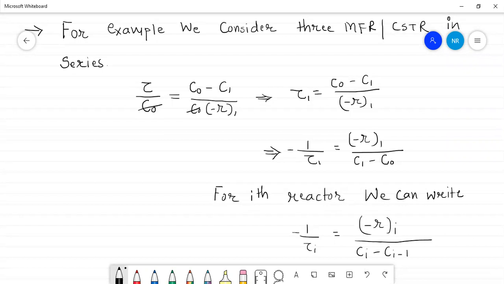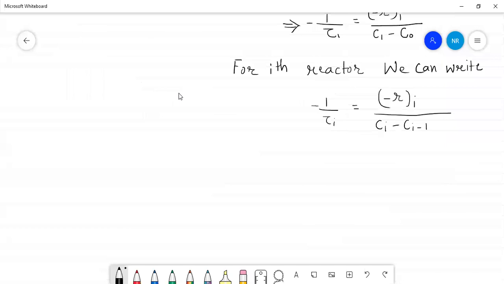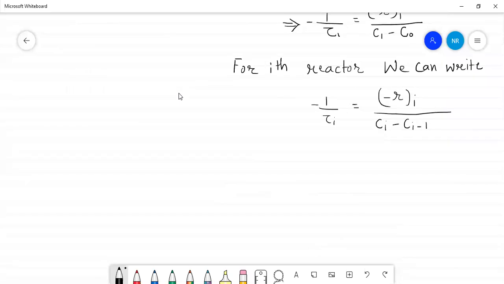That is the general equation. So how can we find out the concentration? We have to draw a graph. The graph is between rate of reaction versus concentration. So we have to construct a plot.